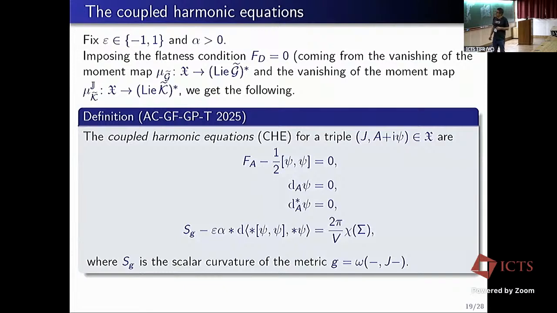Solving these equations, and S_g is here the scalar curvature of the metric. And this appears from earlier work of Fujiki and Donaldson, and I think even earlier, Whelan knew this. In the case of surfaces, which is the one we want. Okay. So you see that there is some novelty here, this cubic term.